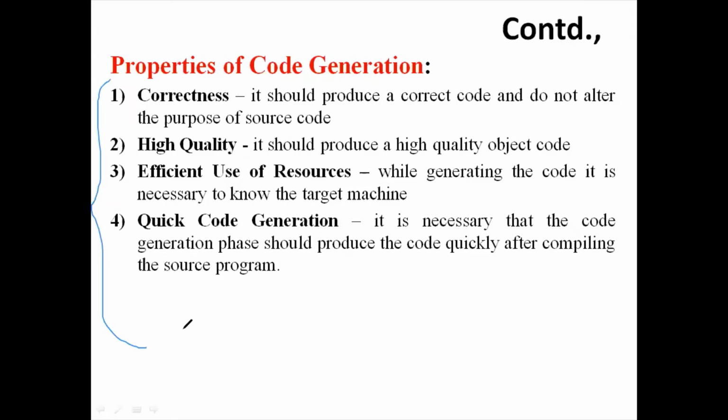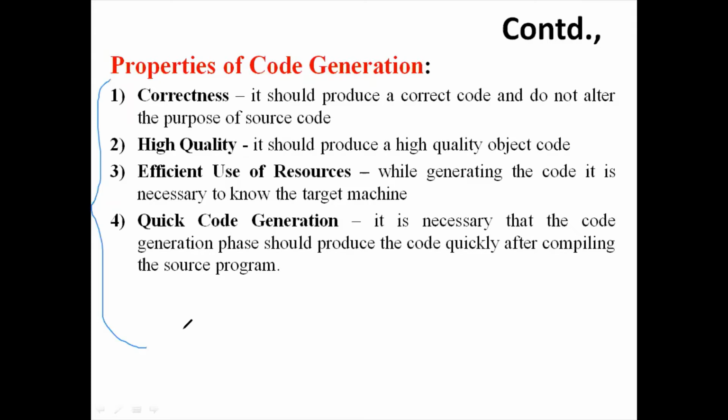Then the last one is quick code generation. What about quick code generation? You have to check all the data after you give the intermediate representation as input. After that, you generate the equivalent target program as output.